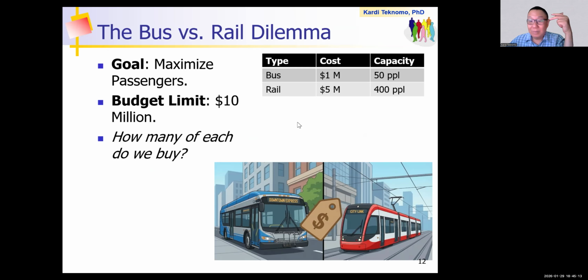For 10 million you get 10 buses, so that means 10 times 50, so you get 500 passengers per lane. So the winner is rail. Very easy, but this is just to set the stage for the harder problem later.